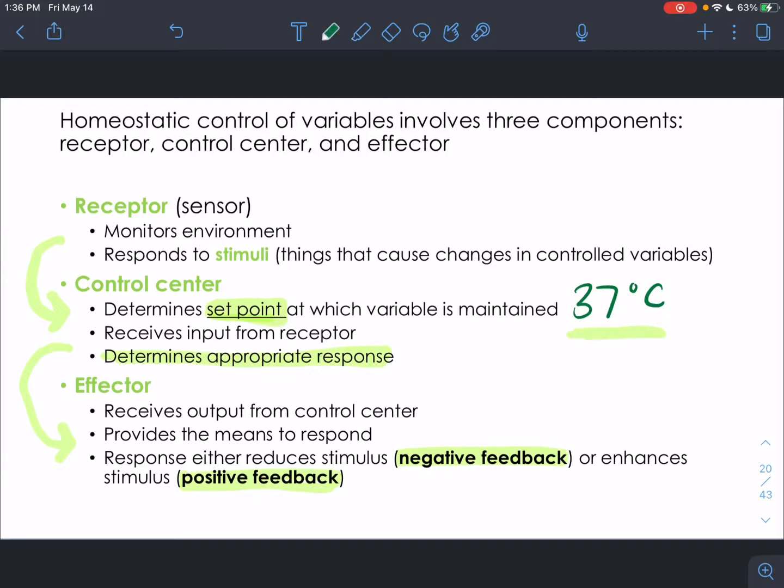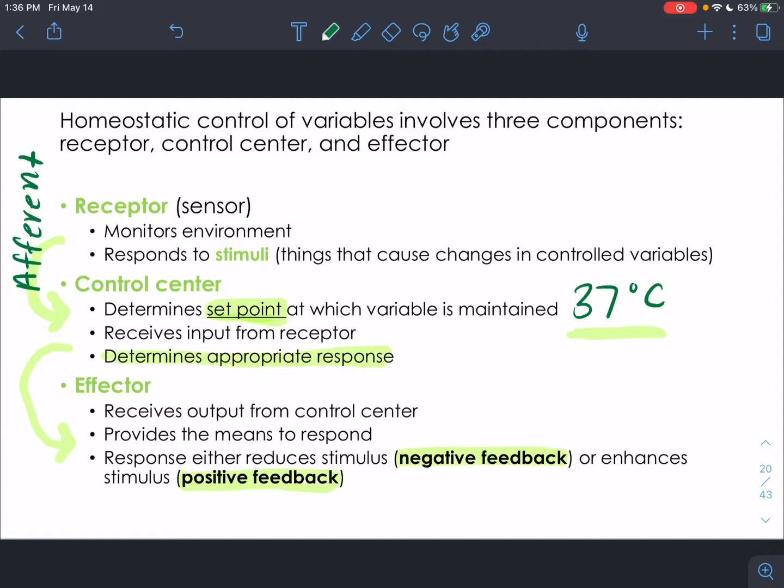And there's two other things I want to add to this. Your receptor, like I said, sends information to your control center. This is called your afferent pathway.